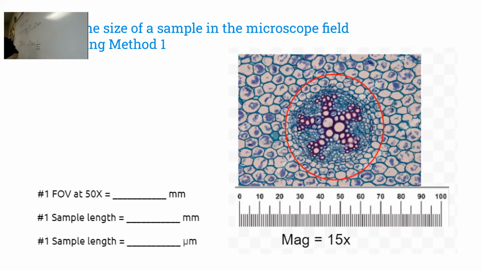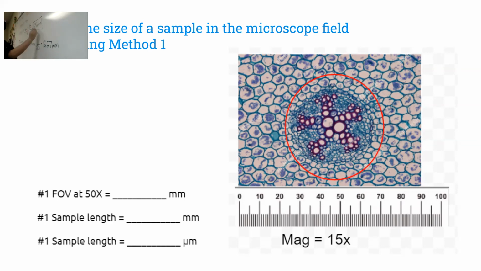So 27 divided by 2.2 is 12.27. If you forget your units on a test, you will lose points. Millimeters. Very good. So we have our sample length in millimeters.